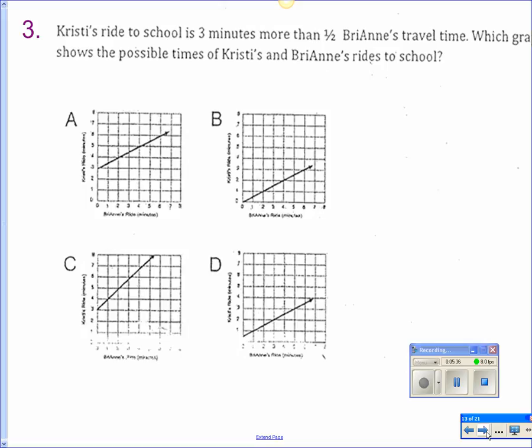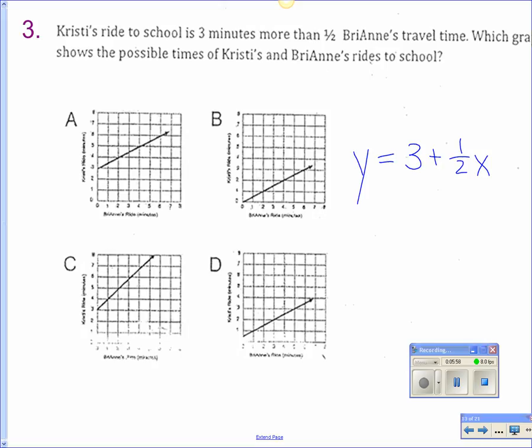Monica, what would be my y equals for this one? What else? X. Okay, if I write it, you should write it. Y equals 3 plus 1/2 x. Jacob Shelton, which one's my starting value?